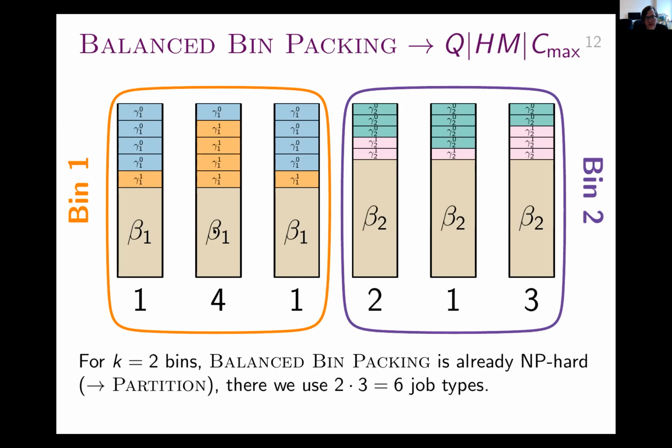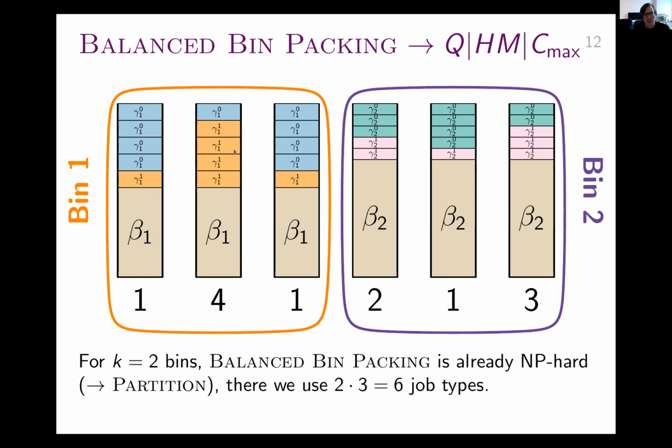yeah, okay, so what I wanted to say is this. The size of the jobs, the beta jobs are the largest, and their size depends on the total size of all items, this capital A. So if the capital A is large, then the beta jobs will be large, but if the total size of the input instance is bounded, then all the sizes of these jobs will be bounded, so that's fine.